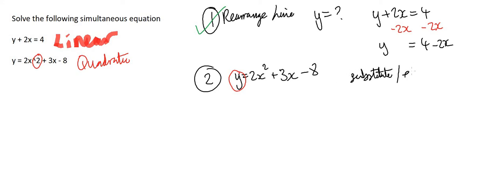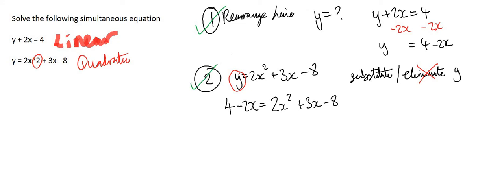I substitute and that is going to eliminate y. So y is equal to 4 minus 2x. Now instead of y, I'm going to write 4 minus 2x is equal to 2x squared plus 3x minus 8. That's step 2 taken care of.